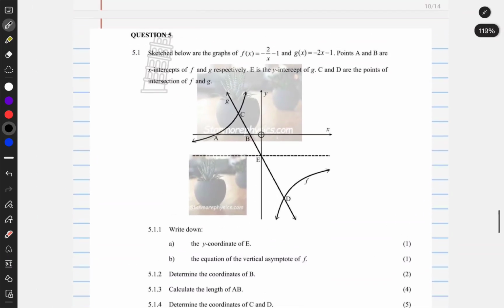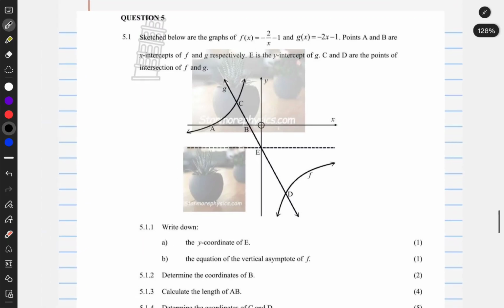So in 5.1 we are told that sketched below are the graphs of f(x), and we can see that the graph of f(x), before we even go any further, is what we call a hyperbola. A hyperbola is a graph that has two segments or curves like that one, and the graph of g(x) is a straight line, as we can see.